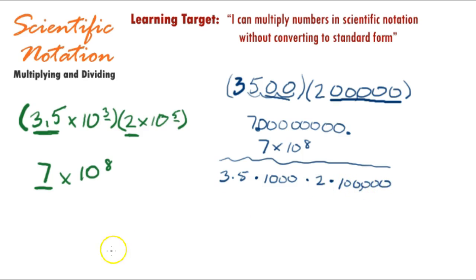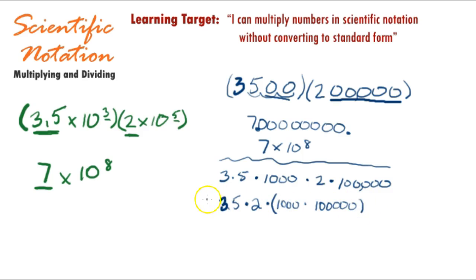Yeah, 100,000. And since every single operation here is multiplying, and multiplying is commutative, which means you can do it in whatever order you want and it will turn out the same, just like 5 plus 2 is the same as 2 plus 5, I can rearrange this so that it's 3.5 times 2 times 1,000 times 100,000. Now, do you see what I have here?